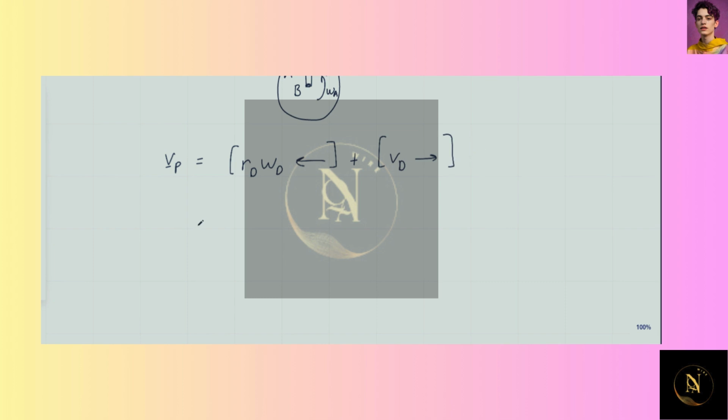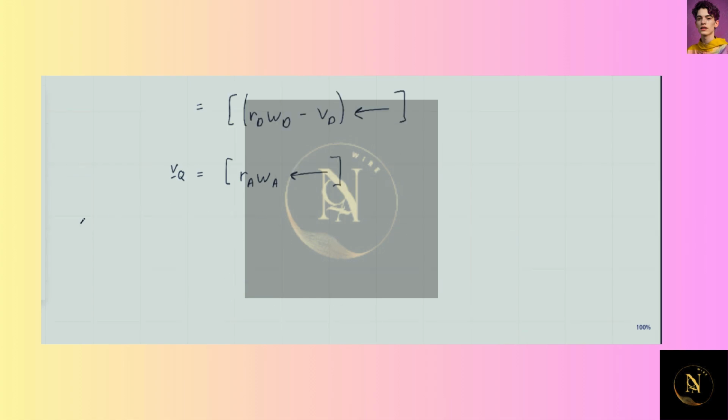And this is equal to Rd omega D minus Vd. So minus Vd, we change the direction, all that to the left. That's Vp. The linear velocity of point Q is similarly Ra omega A to the left. So that's the point on disk A that's moving to the left.